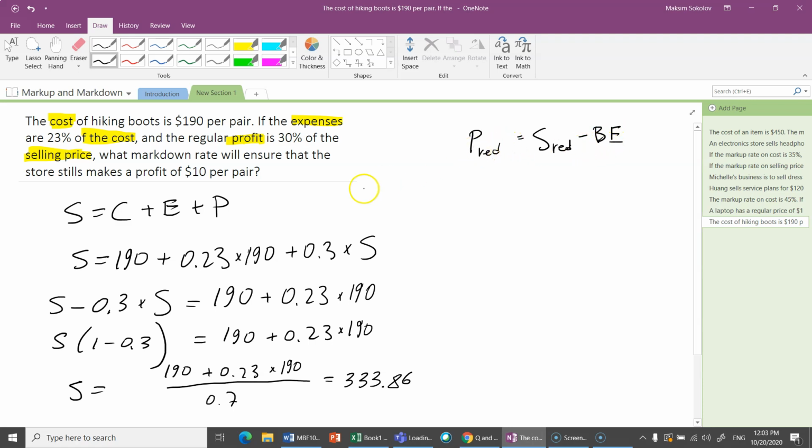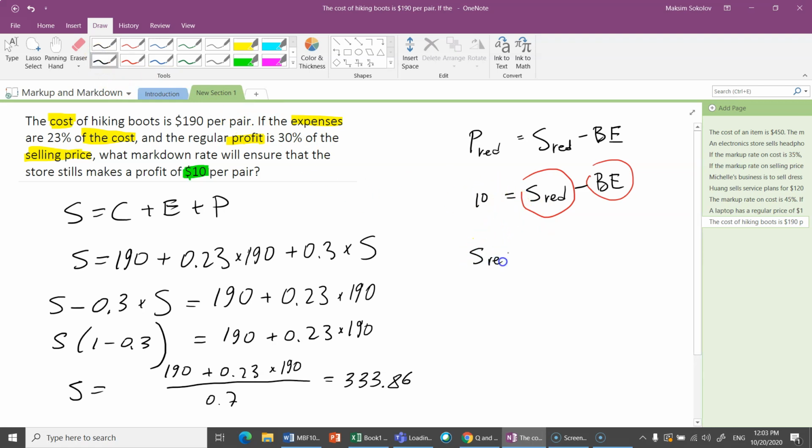But we know that we must have still profit of $10, right? So we know that P reduced must be $10. And I'll just rewrite it here in this way. We still need two ingredients to solve this problem. We need to find S reduced and break-even price for this problem. Let's go ahead and find those ingredients.